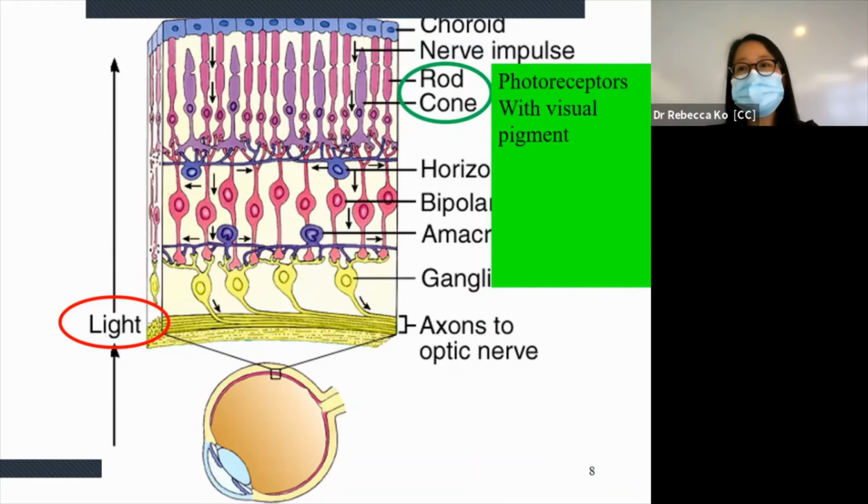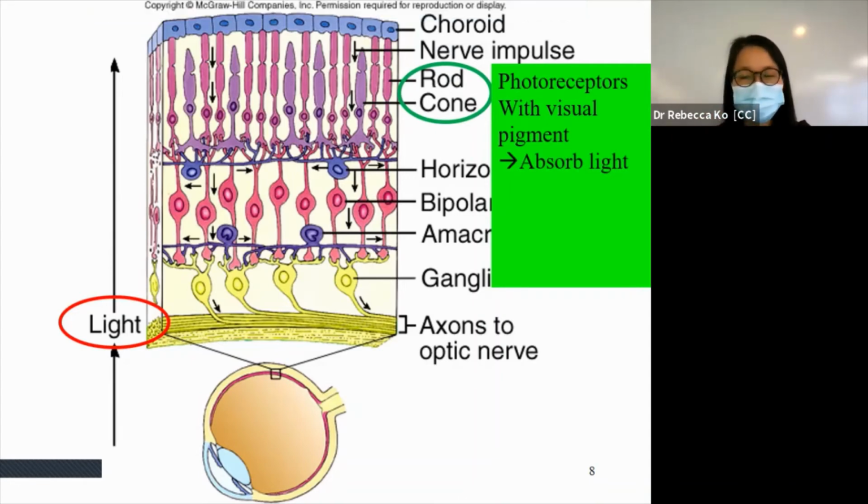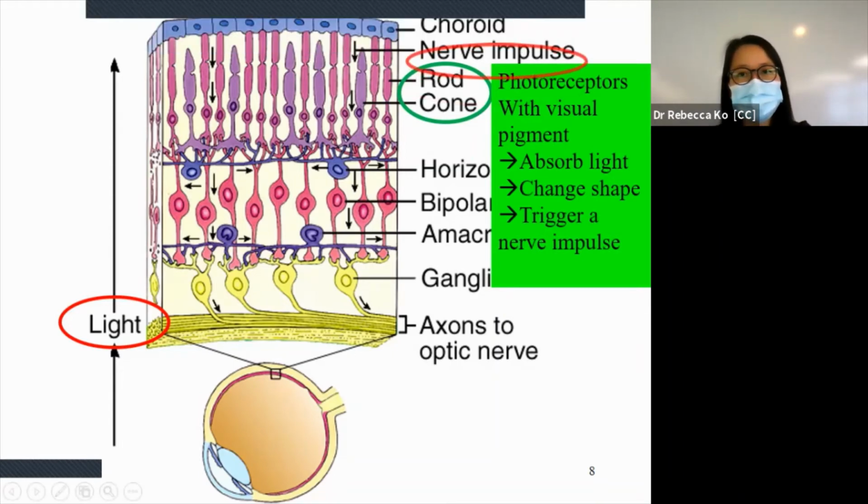And here are the photoreceptors with the visual pigments, absorbing the light. After absorbing the light, what's the change? Yeah, we'll change the shape from the cis form to the trans form. Then we'll generate the impulse, right? A nerve impulse is generated. That's the black arrow. So the nerve impulse is generated and transferred, detected by the brain. So here is the optic nerve, it sends the signal, and then we can see the things around us.